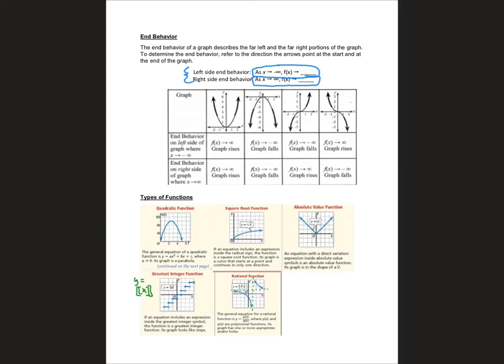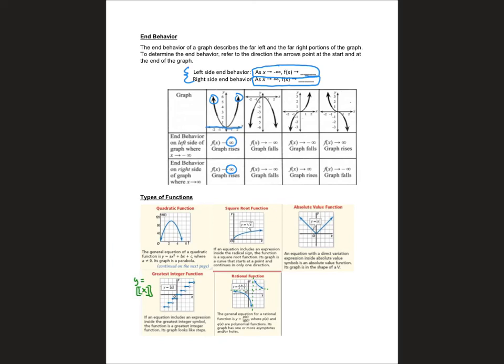Now, if you see here in the table below, here's a few examples. In this first example, we have a parabola that opens up. The left end behavior, so as I move left, I can see that my arrow is pointing up towards +infinity because the graph is rising. As I look at the right side end behavior, so as x gets bigger, I can see my arrow's pointing up again, so it's +infinity that it's approaching.